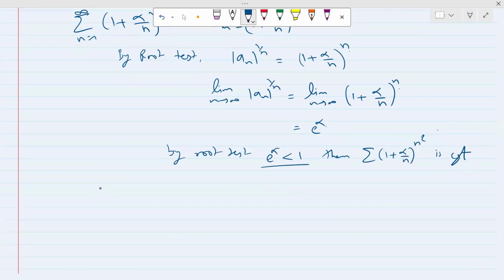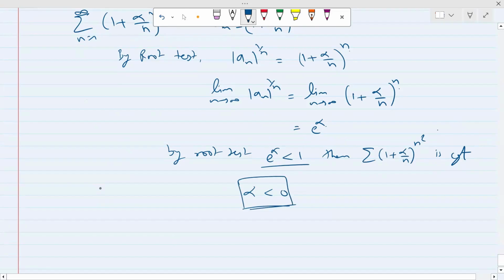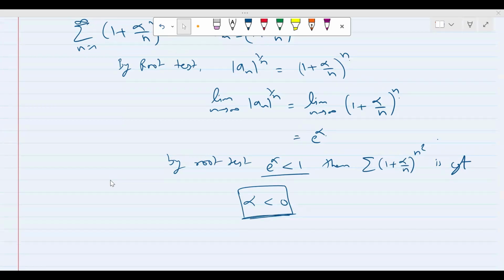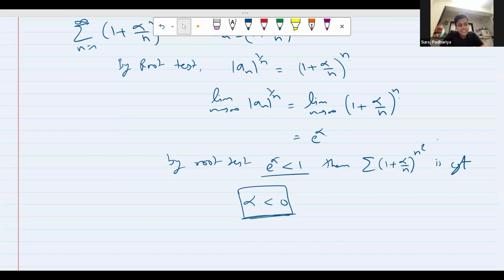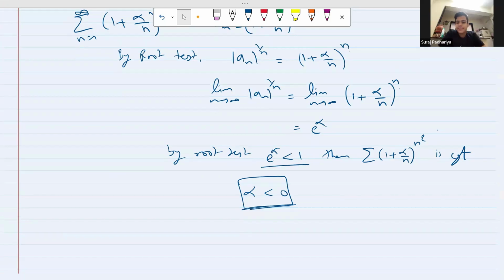So e to the power alpha less than 1 means alpha is less than 0. Can I say like this? So it's convergent for alpha less than 0. I hope it's followed by all of you.